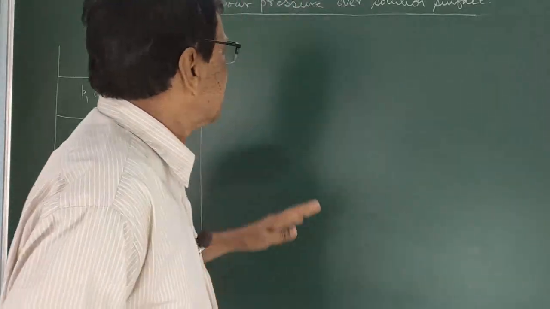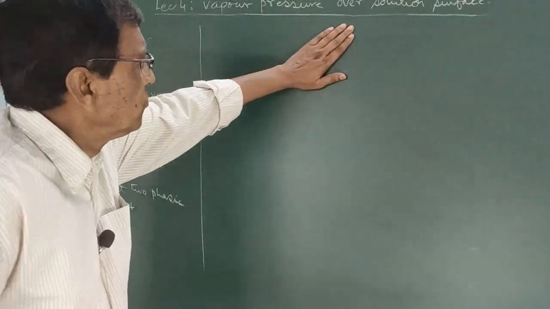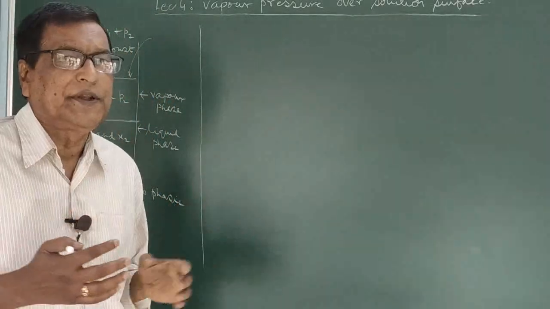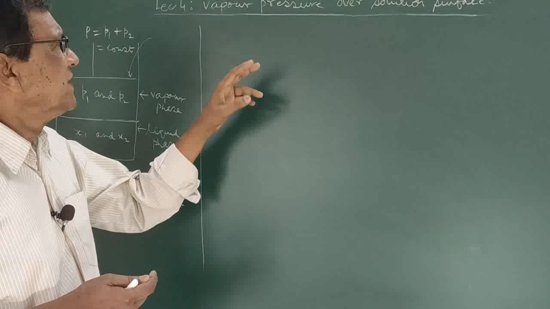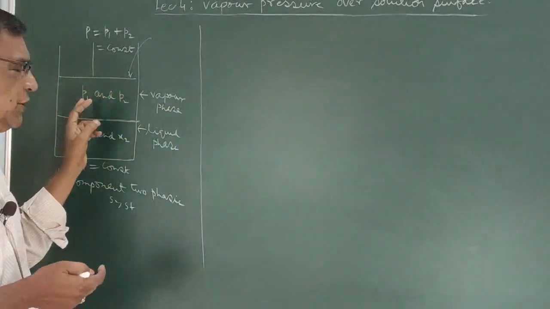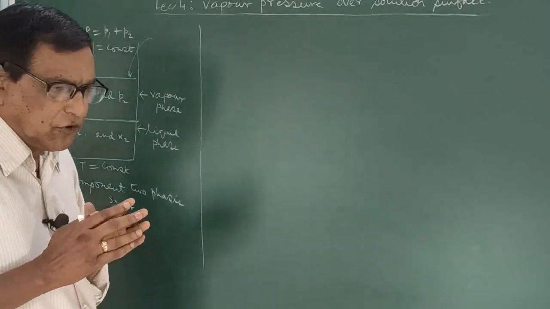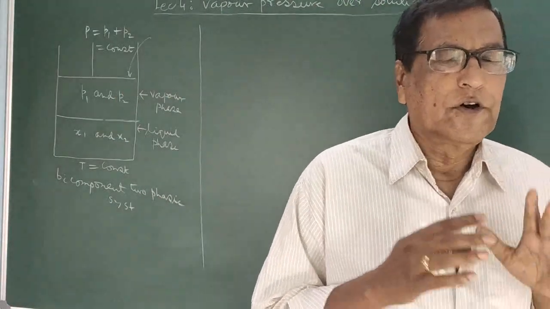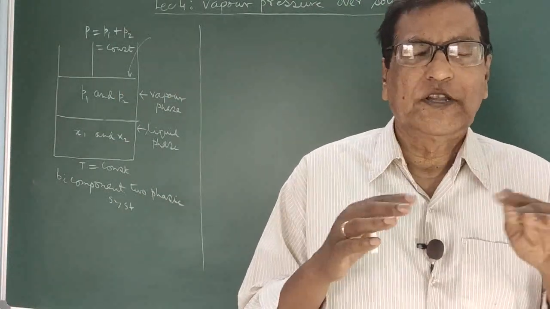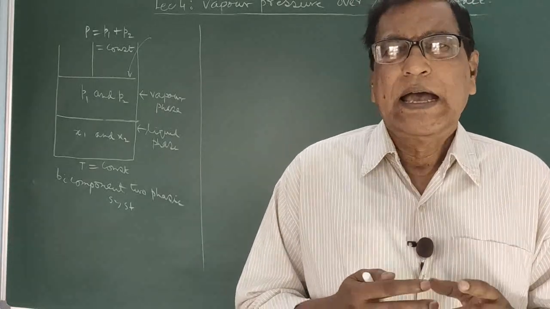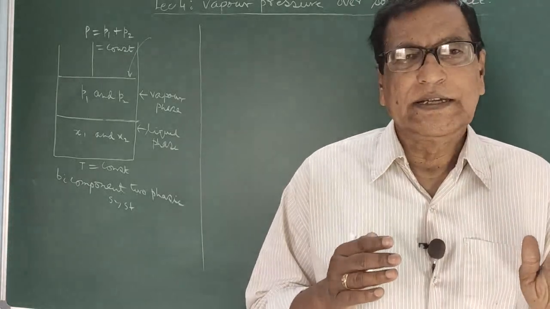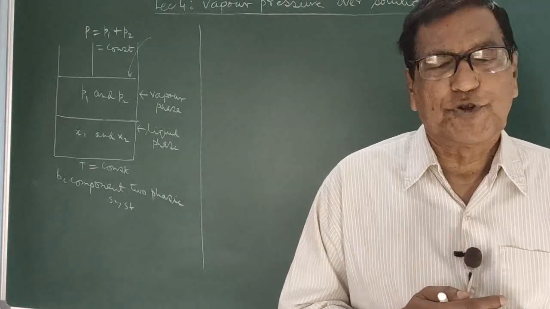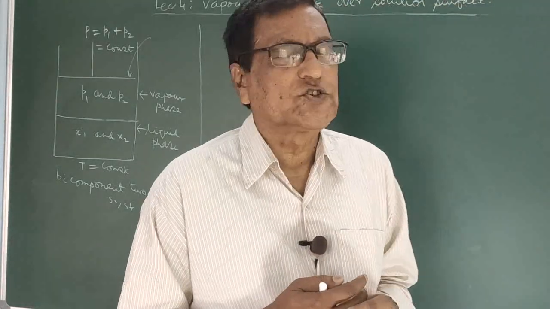So in this case, now I would like to derive thermodynamically the expressions of the vapor pressures P1 and P2 in general, for ideal solutions and for non-ideal solutions. This derivation comes from the discussion of the chemical potential of these components in the solutions.